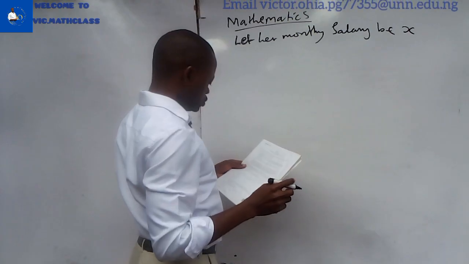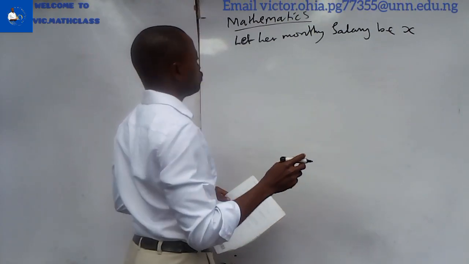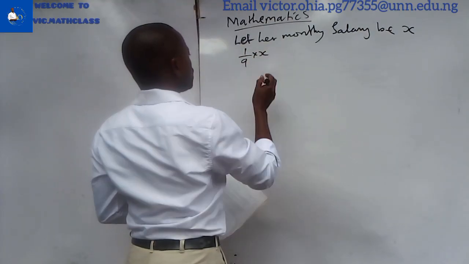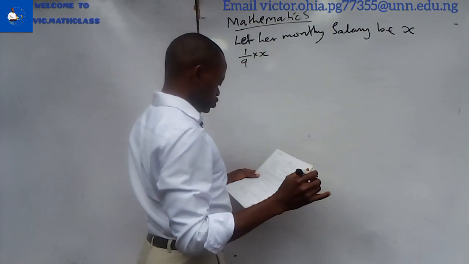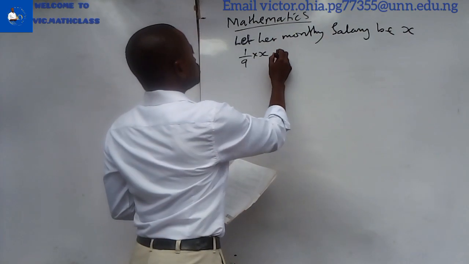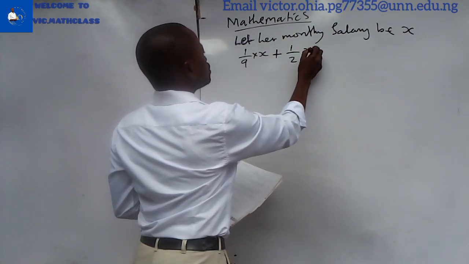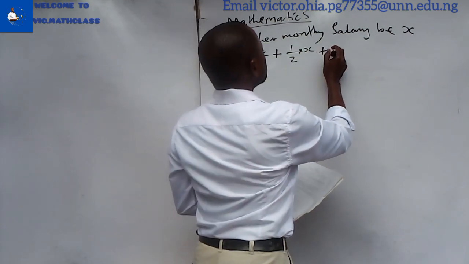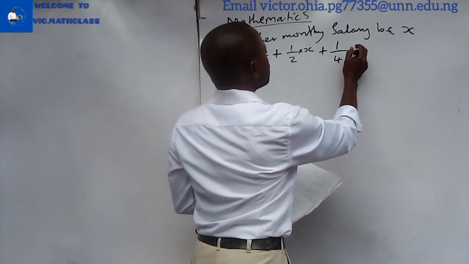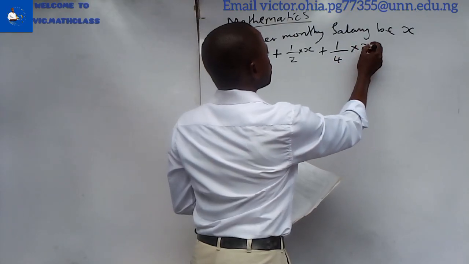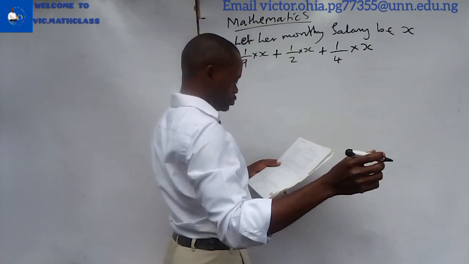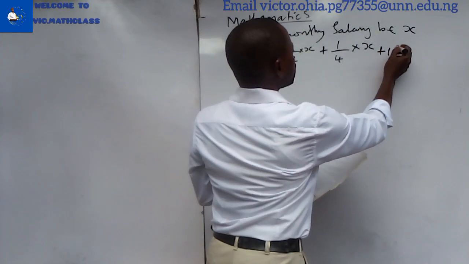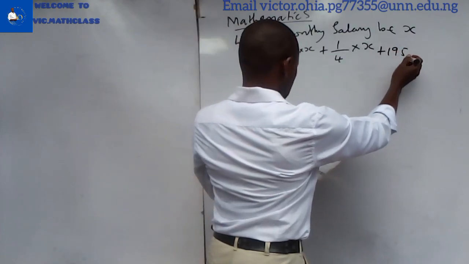For her to spend 1/9 of the salary, we have 1/9 times that salary. She spent half of it on food, so plus 1/2 times that salary. Then plus 1/4 times that salary X is on clothes. And this person still has plus $195 left.